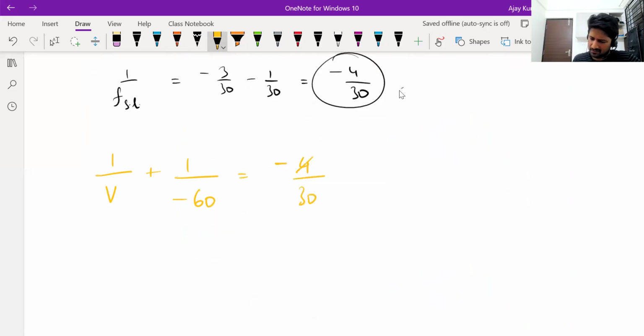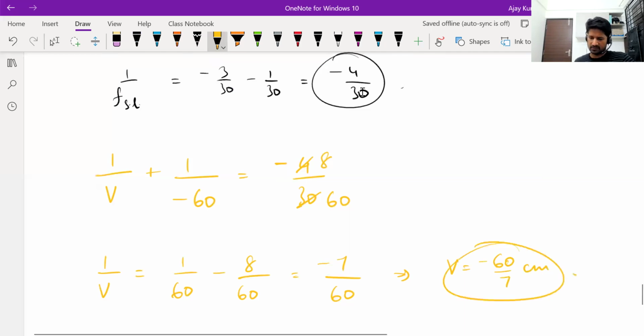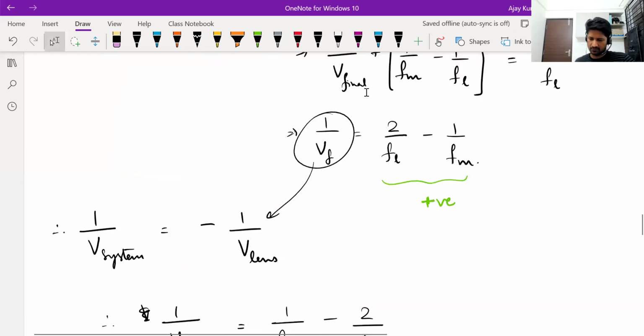You can take it as minus 8 by 60 just to make calculations easy. So you get 1 by V equal to, sending 1 by 60 that side, minus 8 by 60 effectively becomes minus 7 by 60. That means the final image forms at minus 60 by 7 centimeters. And I think that is the answer that we got before.